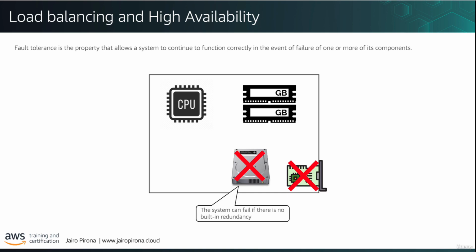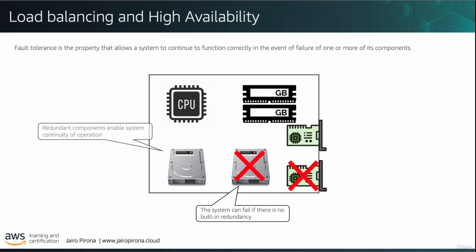With this failure, it will cause a system outage because this system does not have redundancy built in. So, to achieve that redundancy, we could have multiple hard drives and multiple network interface cards. And in that case, if we lose one of those components, it's okay because we have fault tolerance in the system and we can continue to operate.